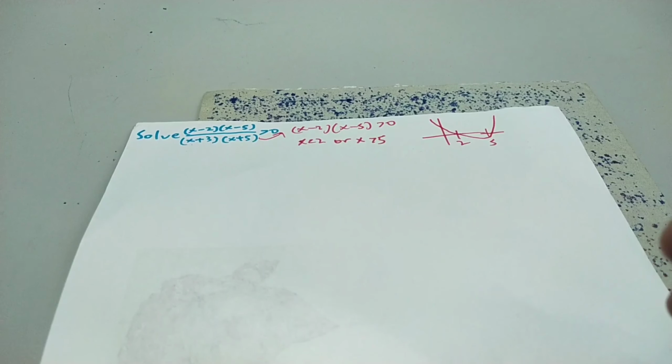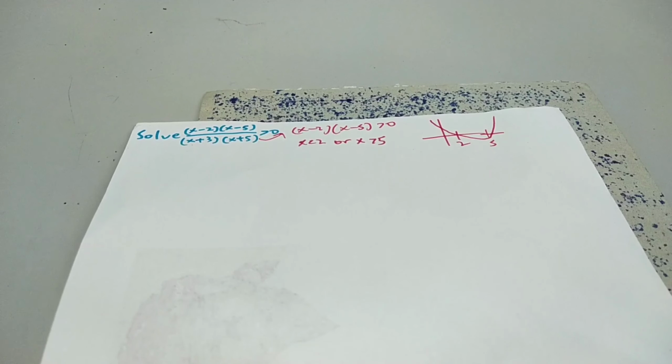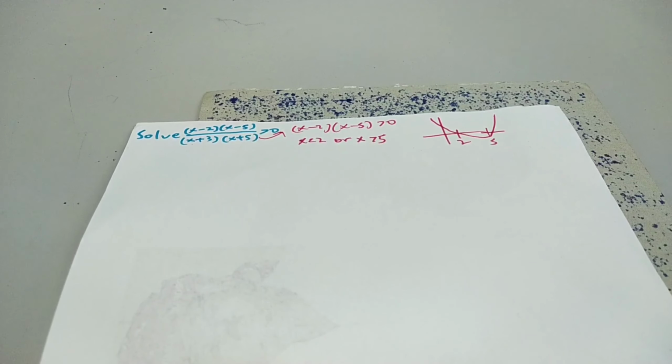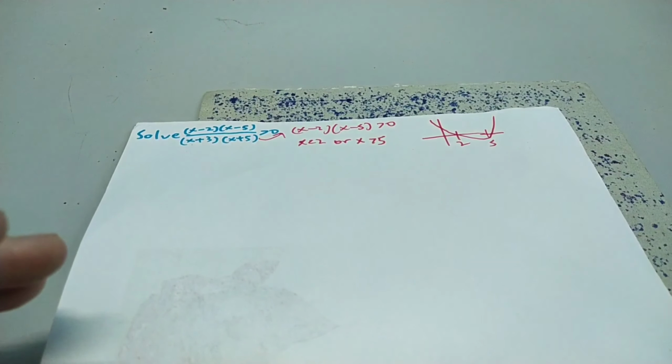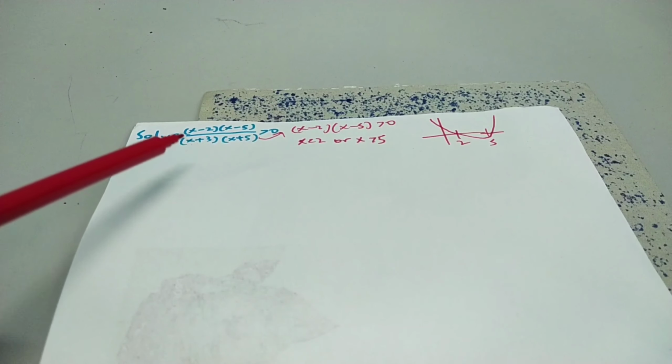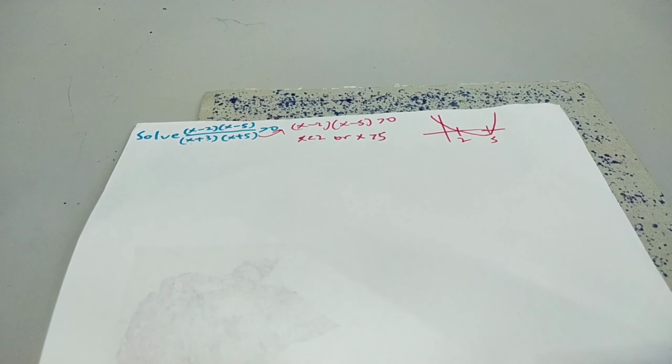You must make sure that the expression that you are going to multiply or divide is going to be positive or negative at all times, which means that it's going to be positive for all real values of x or negative for all real values of x, which means that when you plot the graph of the function that you need to divide or multiply, it is going to be always above the x-axis or below the x-axis.